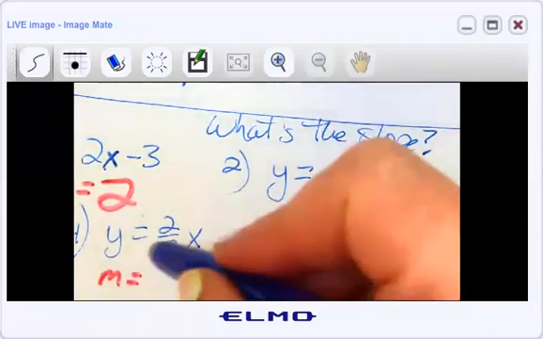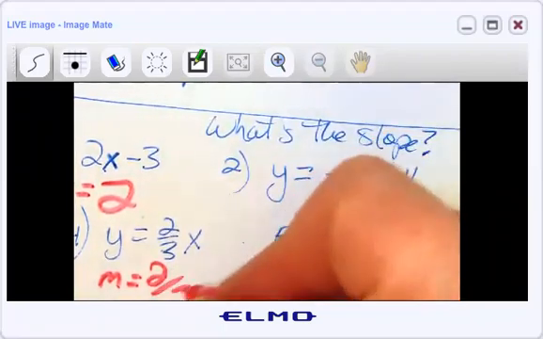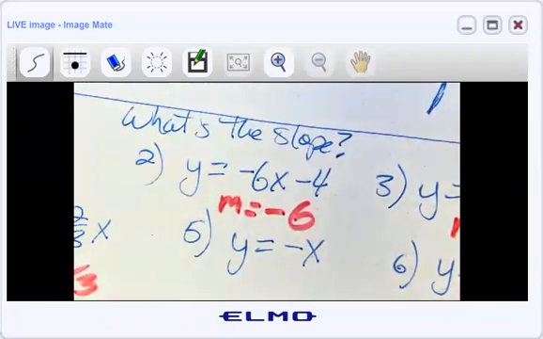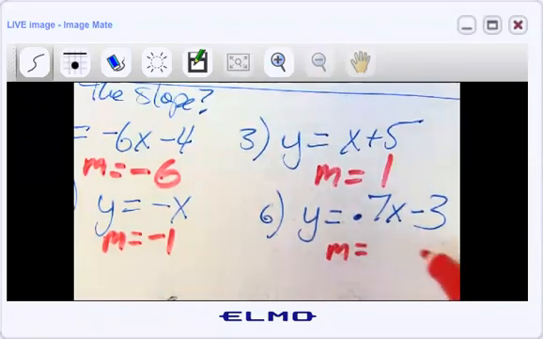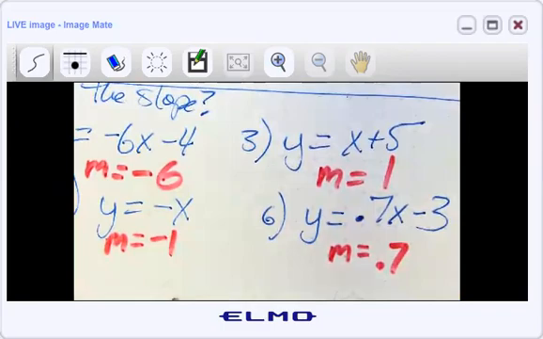Oh, 2/3, yes. All right, 2/3. And how about number 5 here? What's the slope on that one, Molly B? -1. And then the last one, don't get thrown off by this. You do the same thing. What's the slope on that one? Riley, what do you say here? It would be 7. No, 0.7. 0.7, that's it. Whatever that number is in front of the x, that's it.